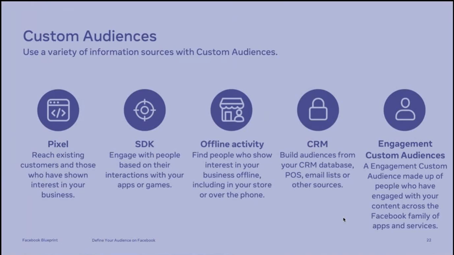You can build your custom audience if you have a CRM database, an email list, or a customer list. You can also create a custom audience based on engagement, which is made up of people who have engaged with your content across the Facebook family of apps and services. So these are the different data sources that you can use to create a custom audience.